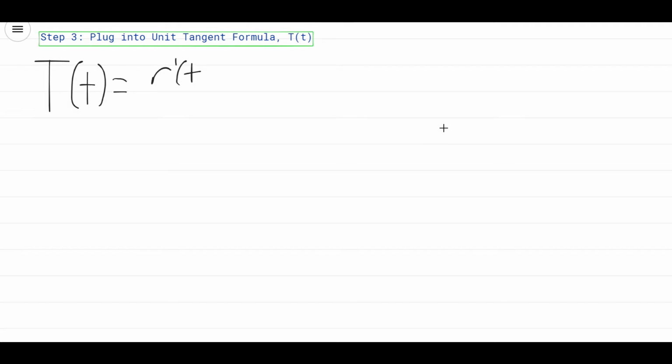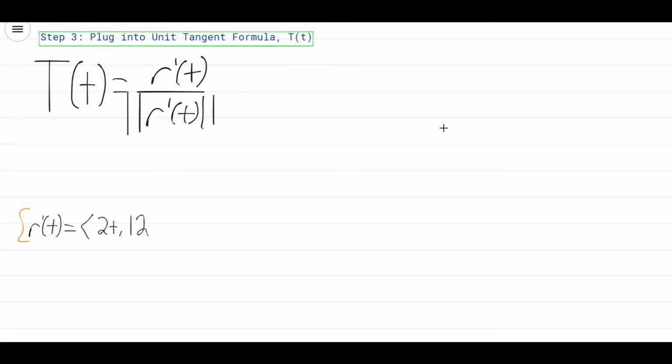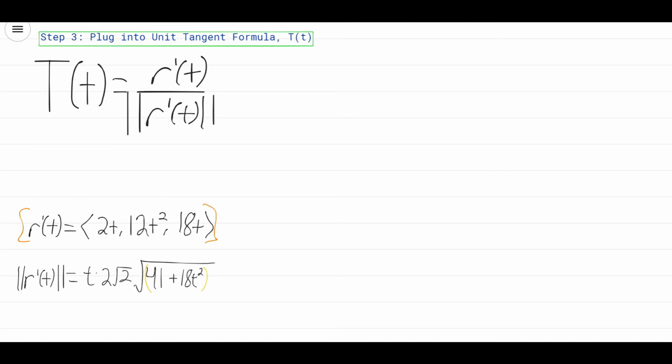So for step 3, we're going to plug this into the unit tangent formula. Reminder, the unit tangent formula is r prime of t divided by the magnitude of r prime of t. The r prime of t that we calculated was 2t, 12t squared, 18t. And the magnitude that we computed was 2t times the square root of 2 and then 41 plus 18t squared inside the square root.